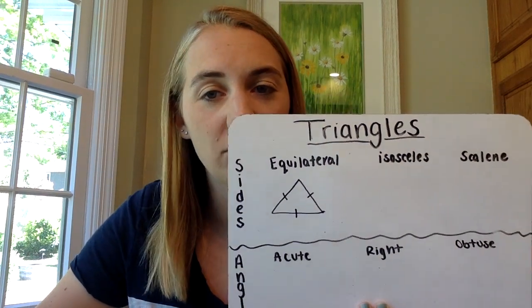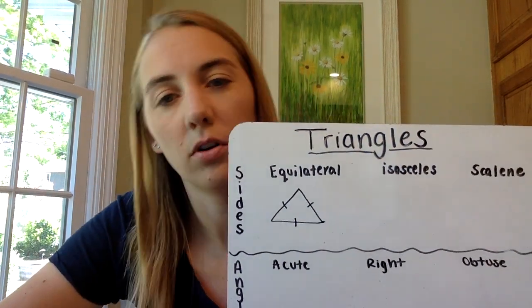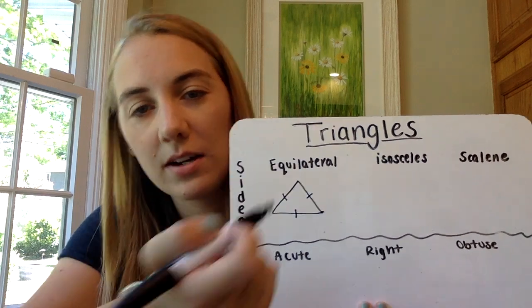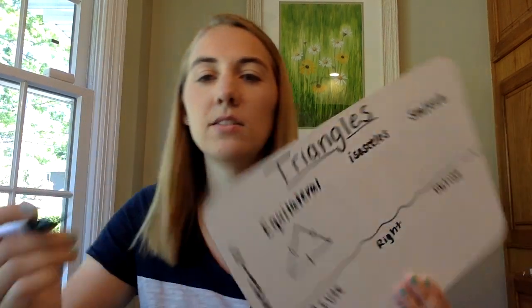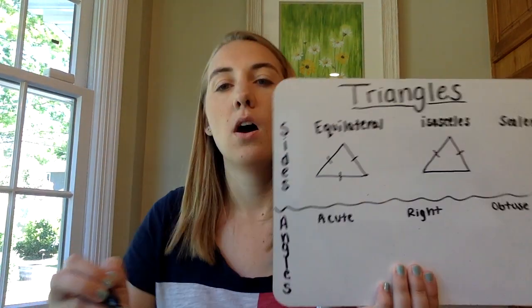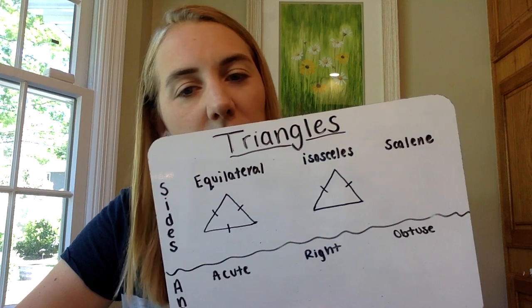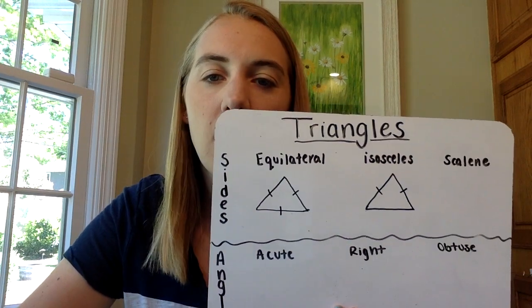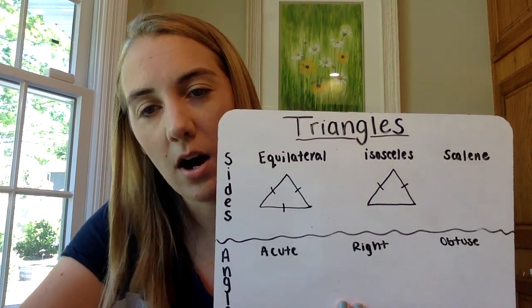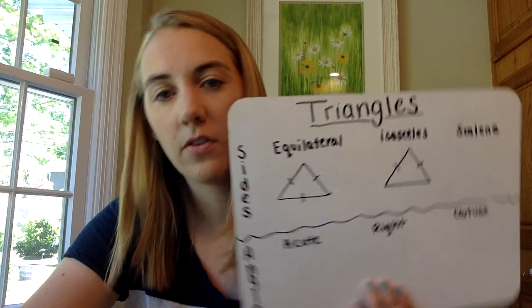An isosceles triangle, a little bit more difficult. You can't really see a context clue in the word, but an isosceles triangle means that 2 of the 3 sides are equal to each other. So we draw a triangle and we put dash marks on any 2. It doesn't really matter for an example, but any 2 sides, those are going to be equal to each other.